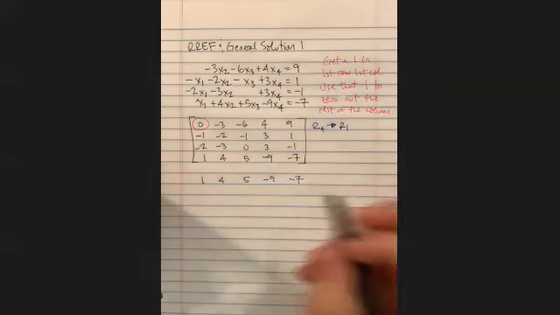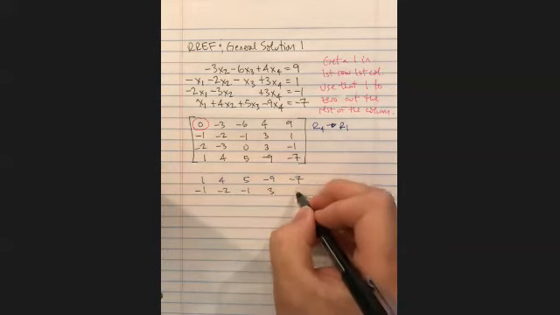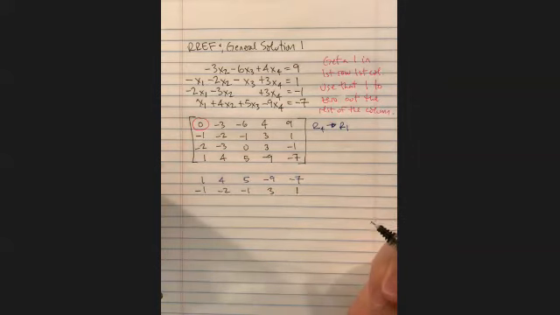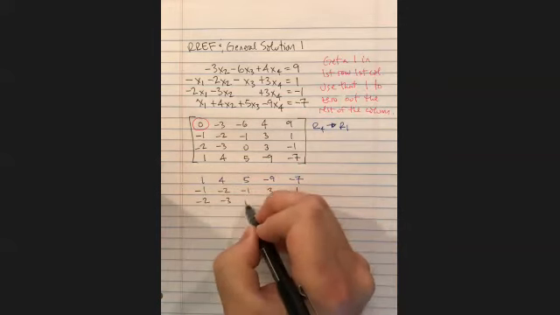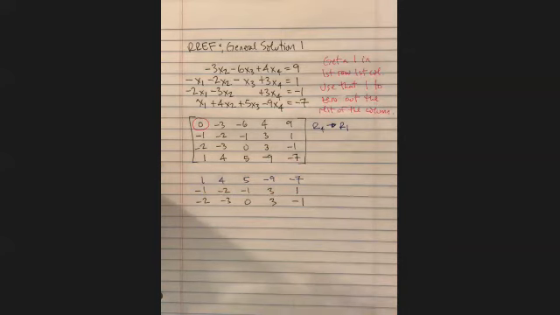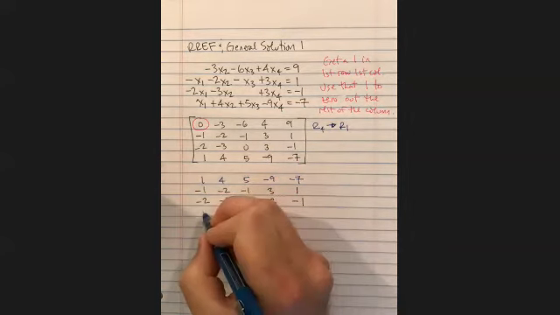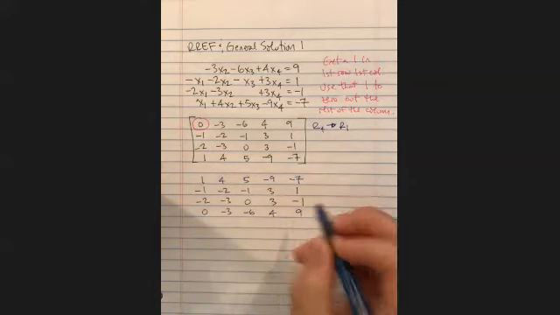My second row will remain unchanged: -1, -2, -1, 3, 1. My third row will remain unchanged: -2, -3, 0, 3, -1. And my fourth row is my former first row: 0, -3, -6, 4, 9.